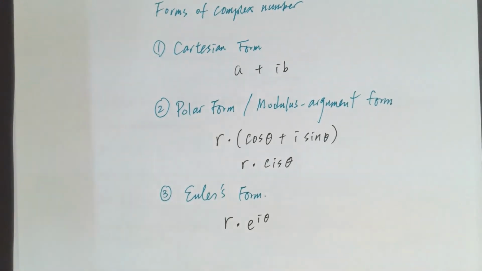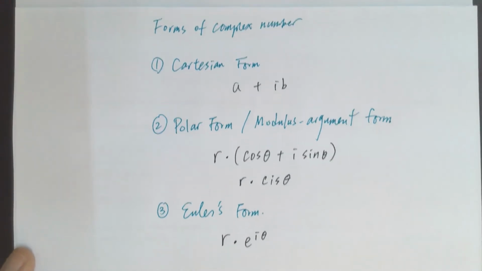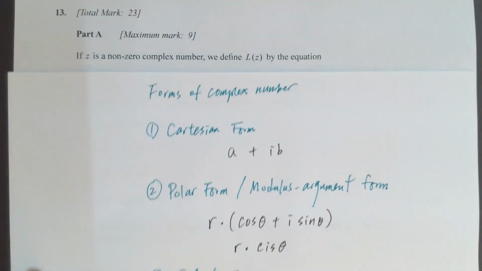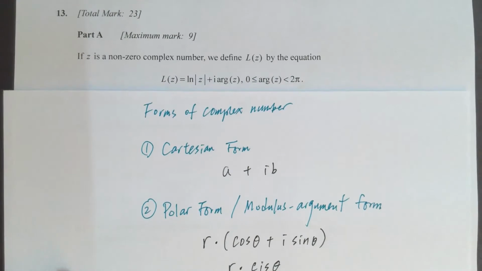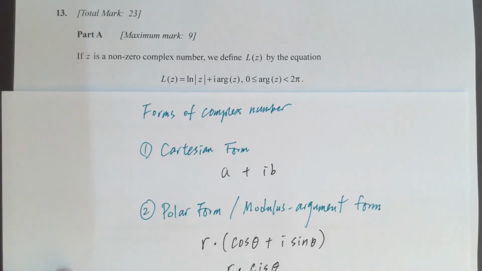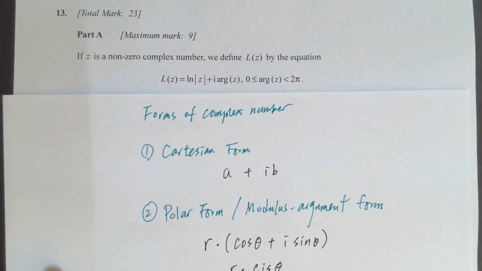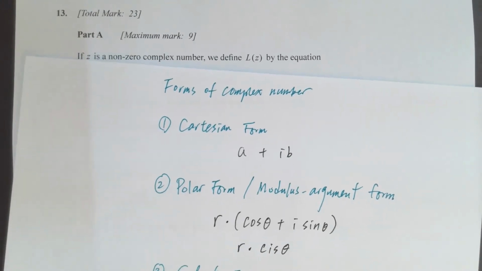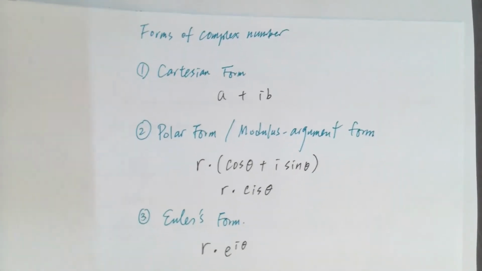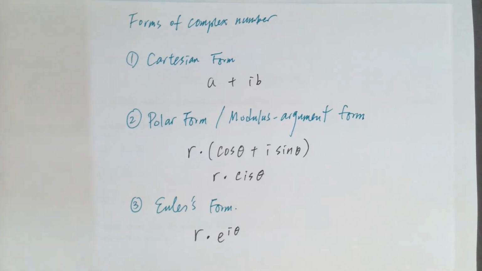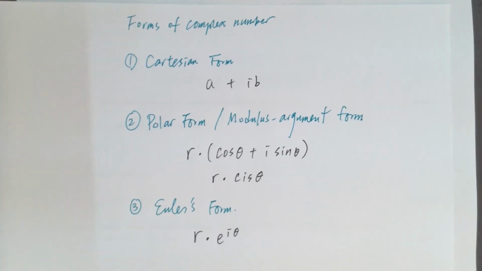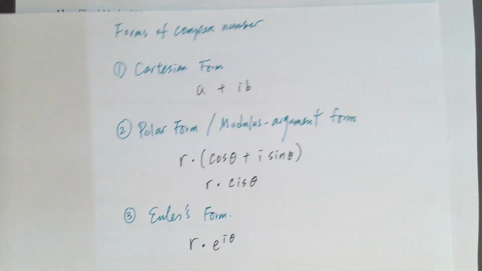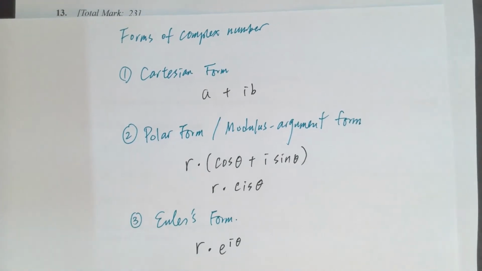But the question, it doesn't seem like we can immediately translate this into any of the forms, can we? Right? So we have to understand what these 3 forms are, and we see that really they're all the same thing. They're just different forms, obviously. And once we understand how we typically represent a complex number, we can easily go back to the question and try to fathom what it's all about.